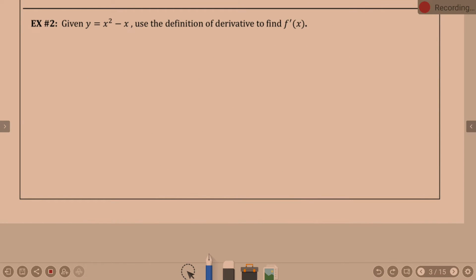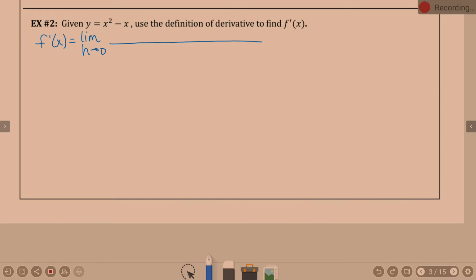Okay, given y equals x squared minus x, use the definition of derivative to find f prime of x. It's just practicing. So f prime of x, I'm going to use the limit as h approaches 0 of... Didn't give me enough room in this box.